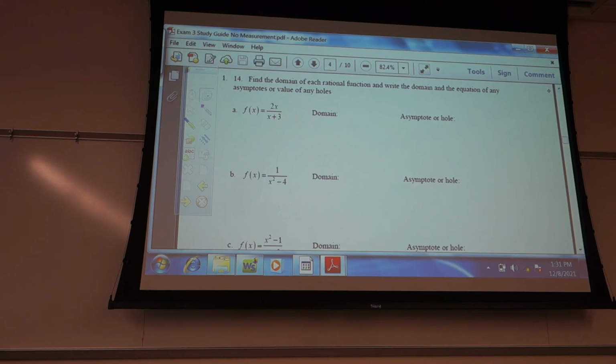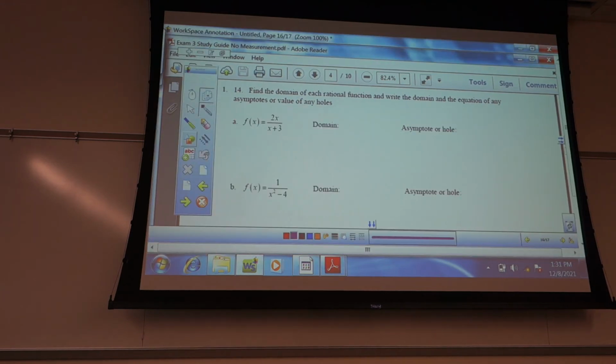Find the domain of each rational function. So here, what's up with a rational function? You can never, ever, ever what? Divide by 0. So that means that this cannot equal 0. Right? So x plus 3 cannot equal 0. How do I solve for x, kind of, in a way?